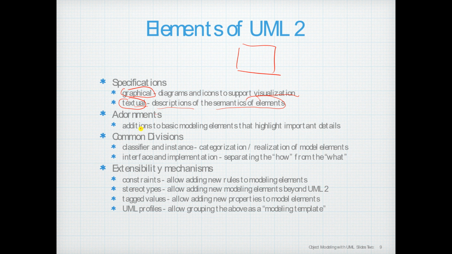Adornment is the addition to a basic modeling element that highlights some important detail. Common divisions are classifier and instance, categorizations of model elements. Interface and implementation separate the how from the what.